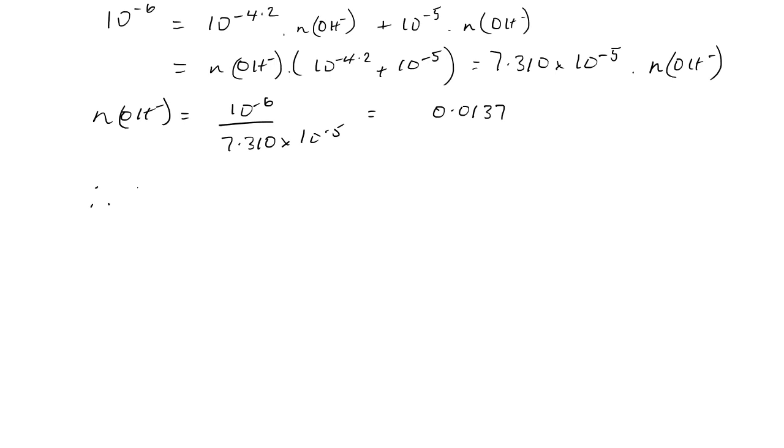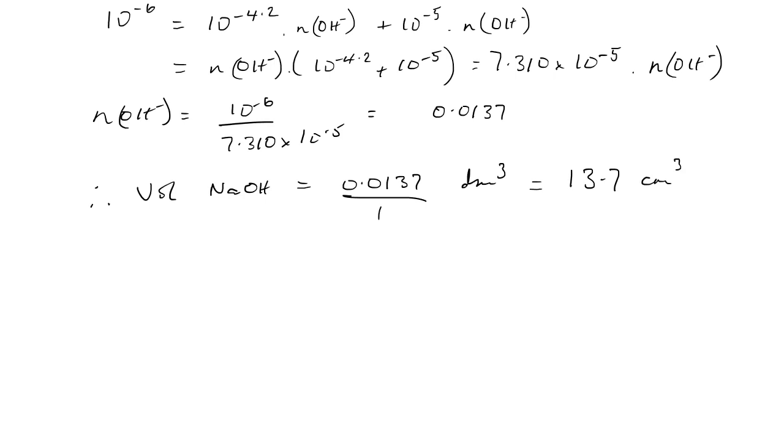Therefore our volume of sodium hydroxide equals our moles, 0.0137, divided by our concentration in decimeters cubed, which equals 13.7 cm cubed, and that is the answer.